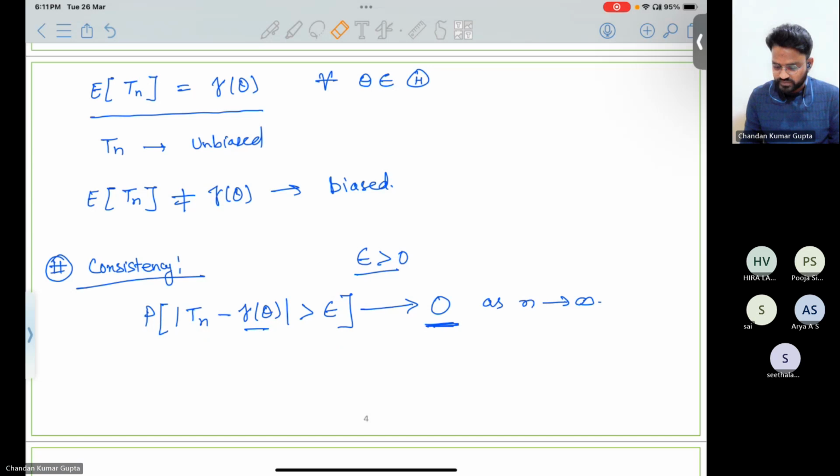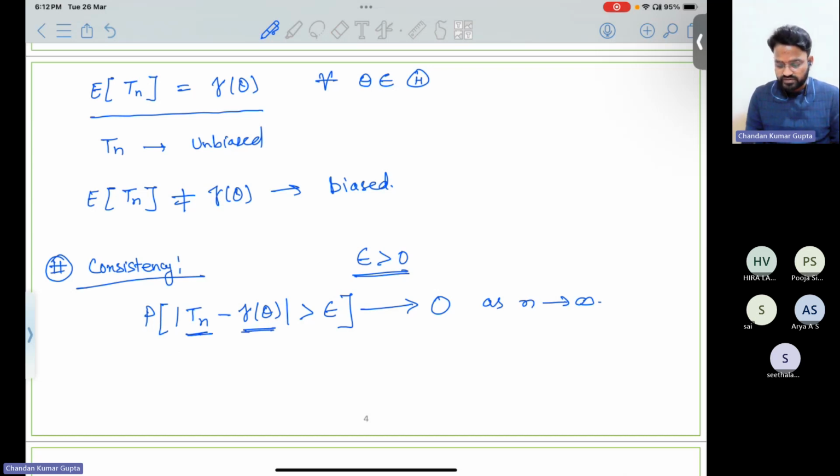Sorry, let me revise it again. Suppose we have considered epsilon, a very small positive quantity, and this Tn is the estimator which is used to estimate this parameter.